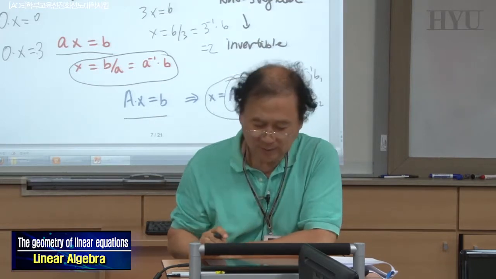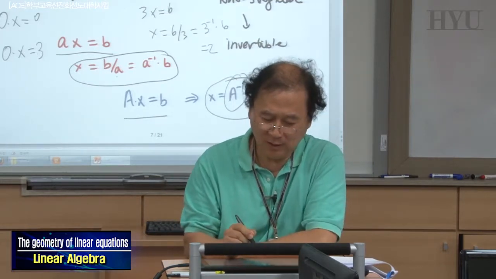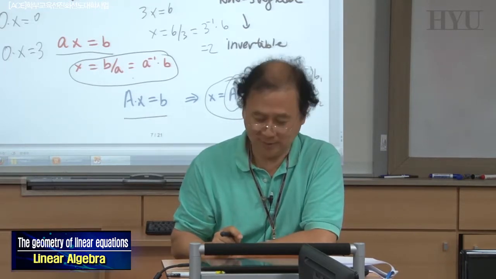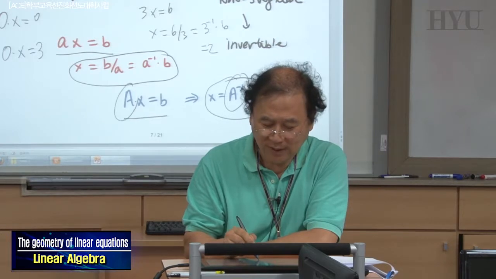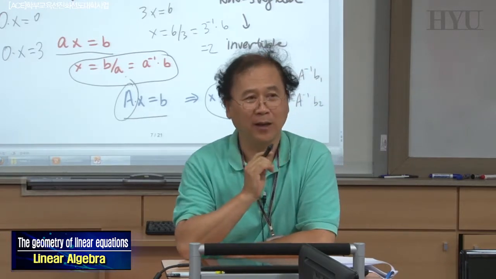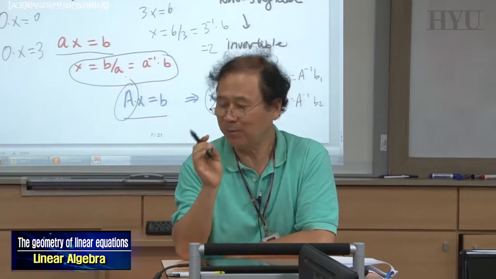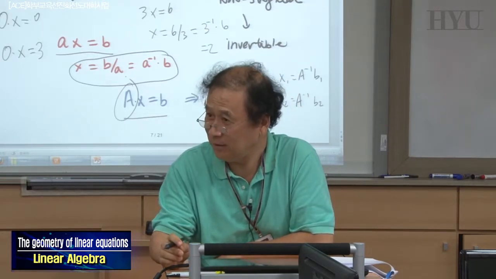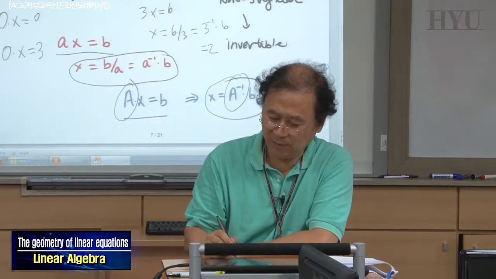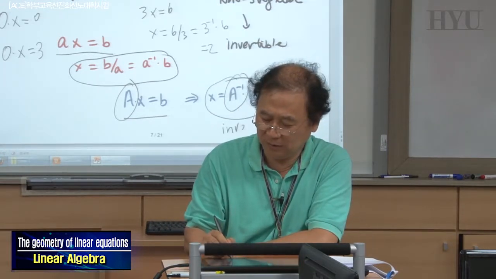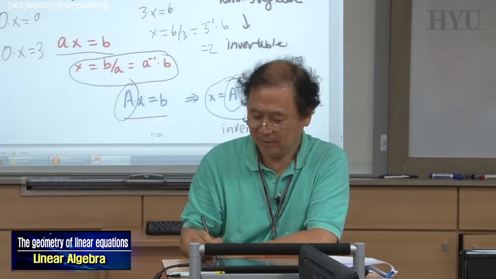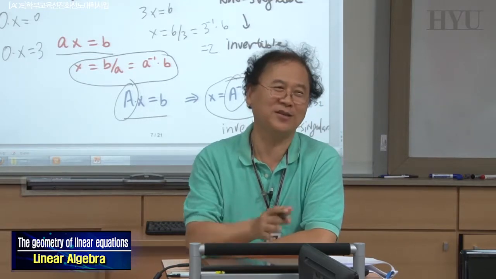We know that if A is 0, then you cannot divide. Here it means for certain types of A, I'm not able to come up with the inverse of A. So if you can come up with it, you can say it's invertible, or non-singular, or you can say this is non-zero.